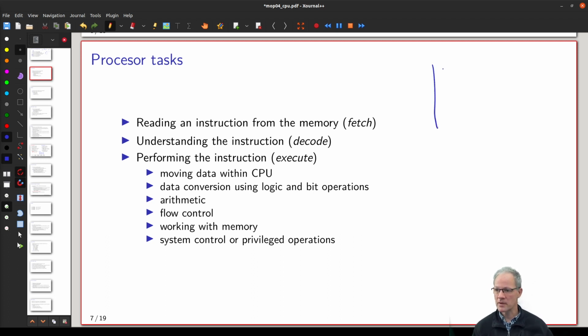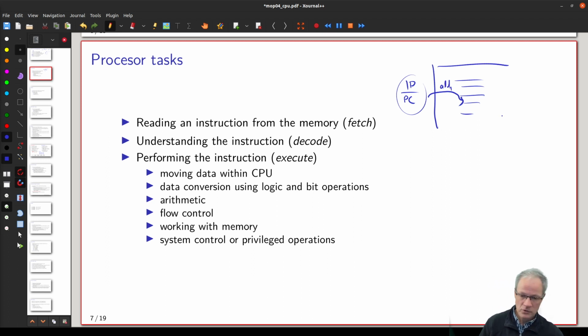So there's a memory and there's a program somewhere here. And there's this thing called the instruction pointer, or sometimes the program counter, PC. Essentially, it's a register that points to the current instruction. It has the address of the current or the next instruction. We're going to talk about it a bit more shortly.